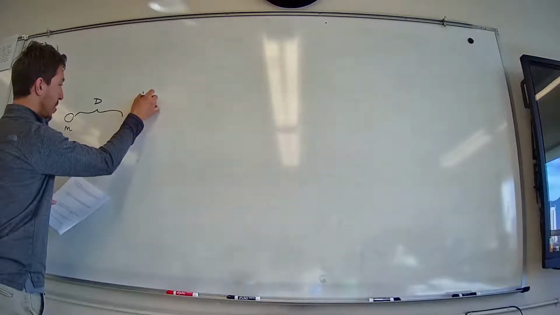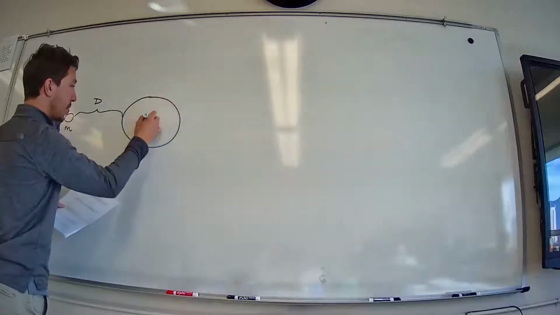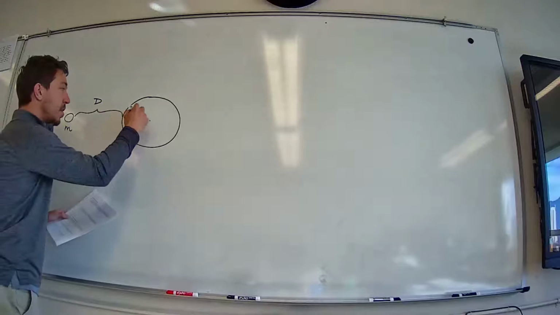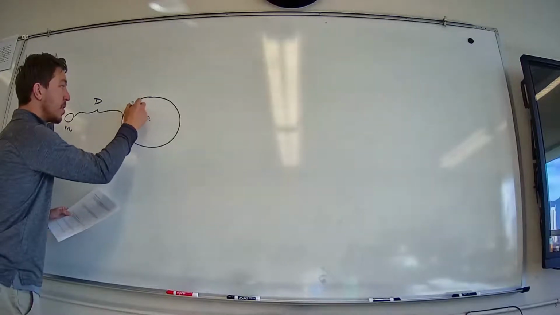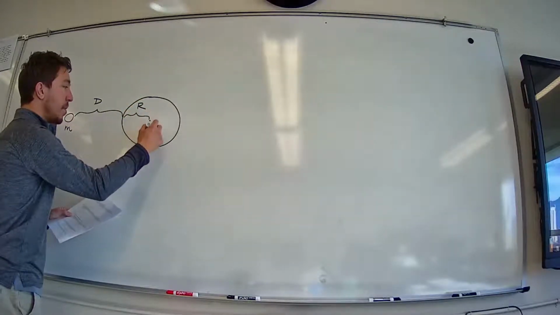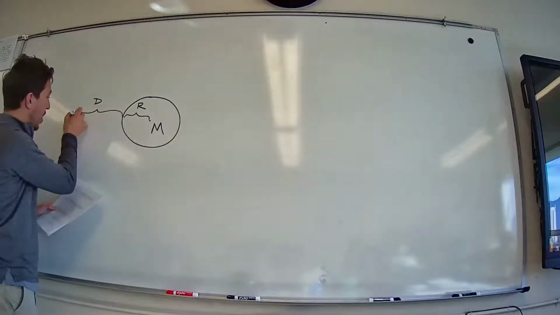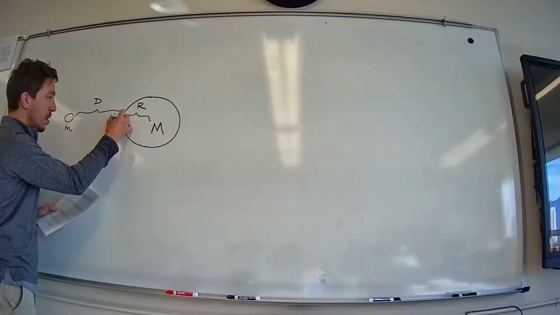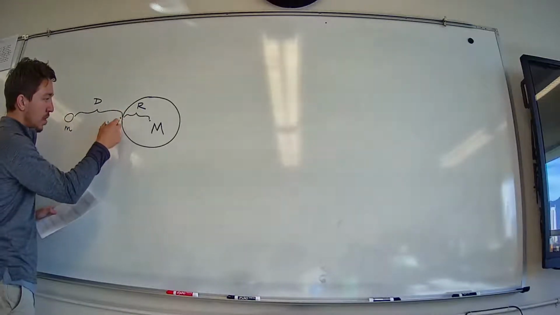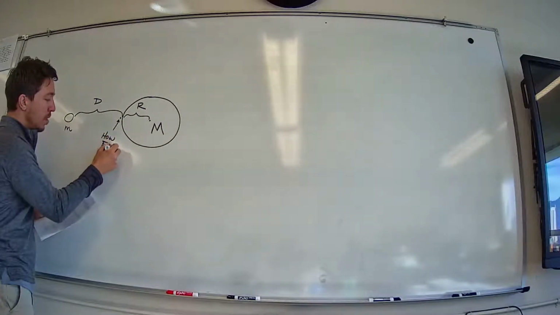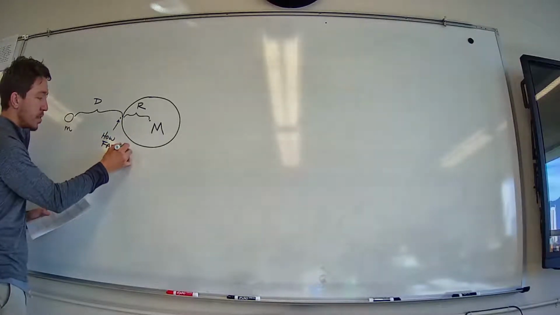So let's say the planet, you'd assume, is much larger than the rock. Okay. And so the planet has a radius of r and a mass of big M. And the question is, how fast would the rock be traveling when it hits the surface?